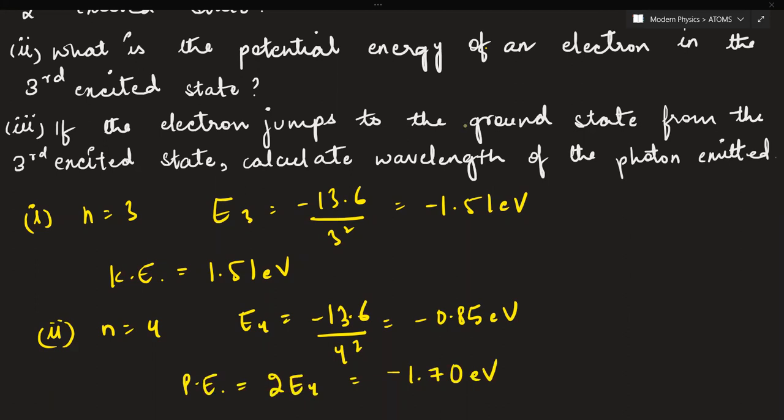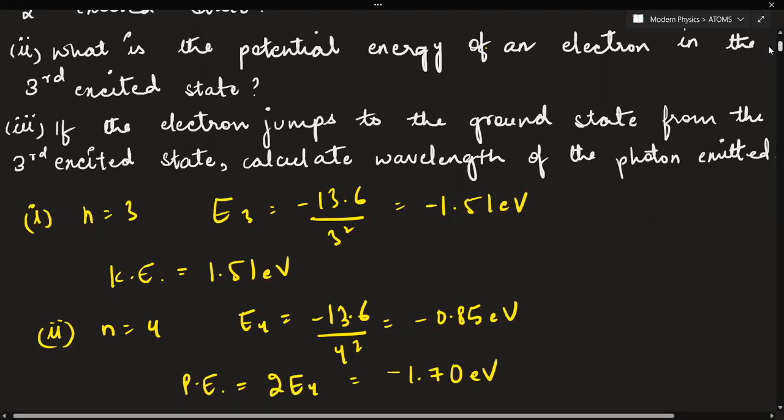If the electron jumps to the ground state from the third excited state, calculate the wavelength of the photon emitted. You know how to calculate the wavelength using energy. If you know the energy when the electron jumps between ground and third excited state, you can equate it with hc by lambda.